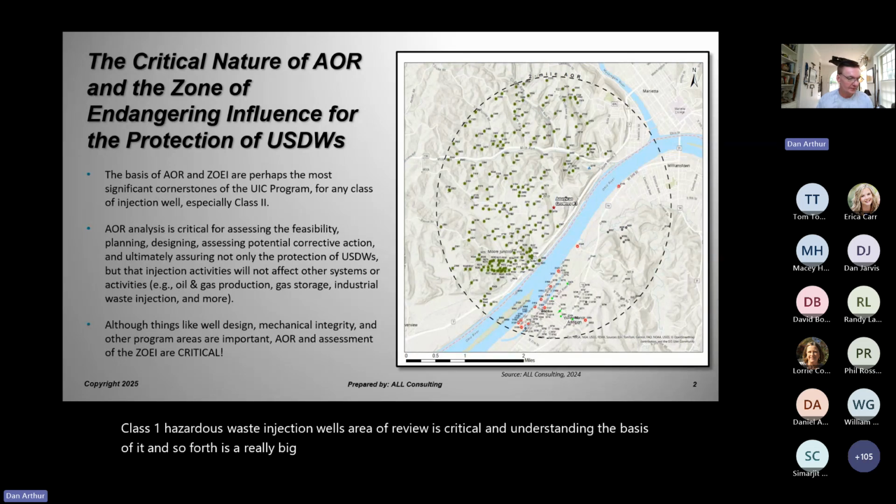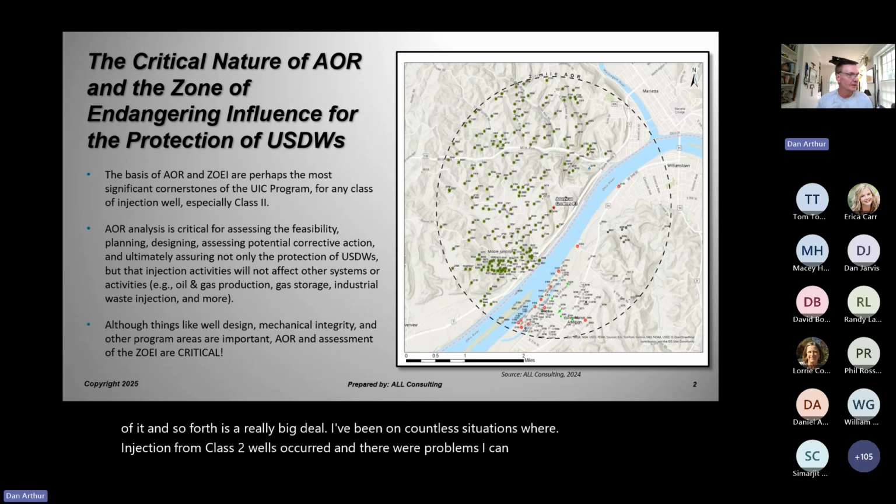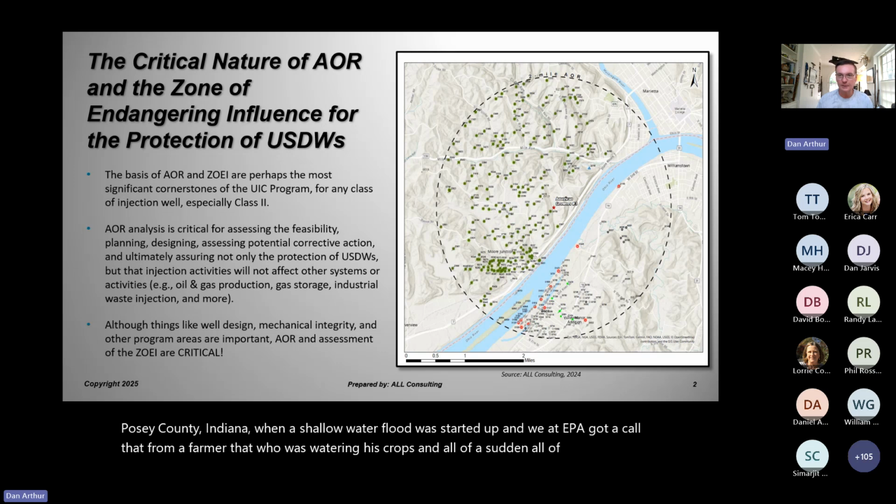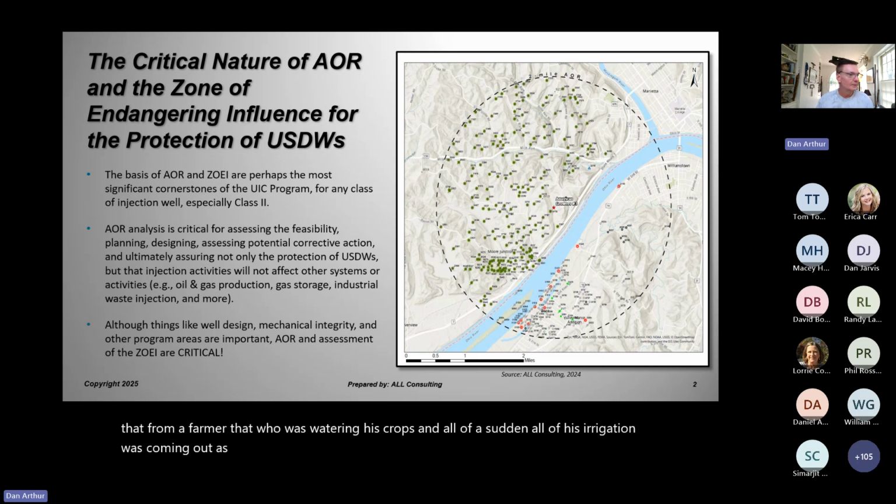I've been on countless situations where injection from Class II wells occurred and there were problems. I can think back to one in Posey County, Indiana, when a shallow water flood was started up, and we at EPA got a call from a farmer who was watering his crops, and all of a sudden all of his irrigation was coming out as oil.